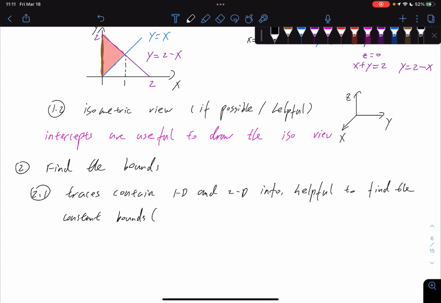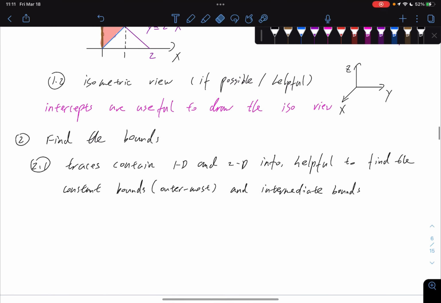That is the outermost bound. And the intermediate bound, the bounds in the middle.